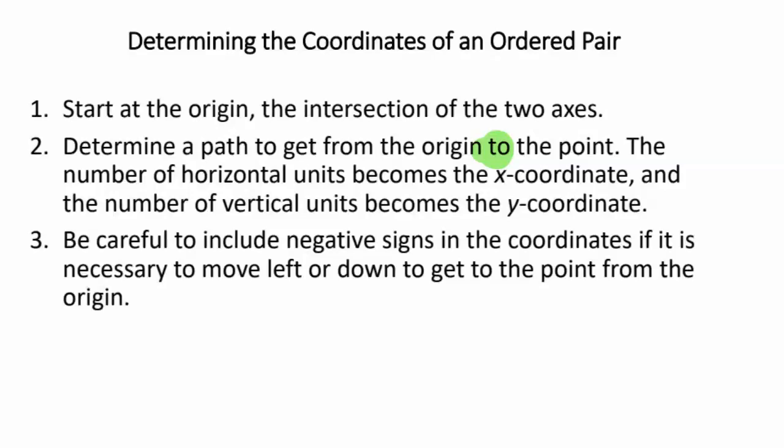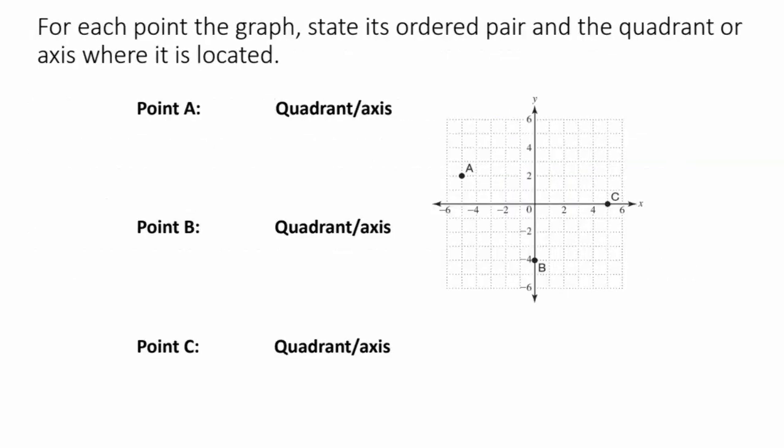Okay. Now, we're going to do a couple of examples here. And just to make sure, this is asking you to tell me the ordered pair and the quadrant or axes where these points are located.